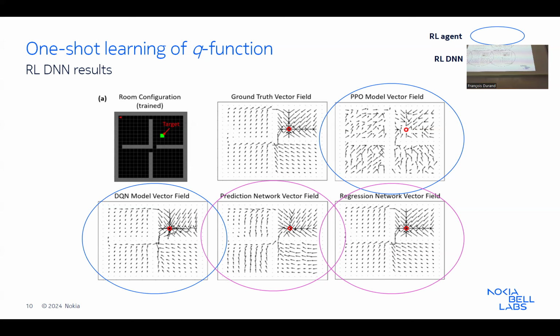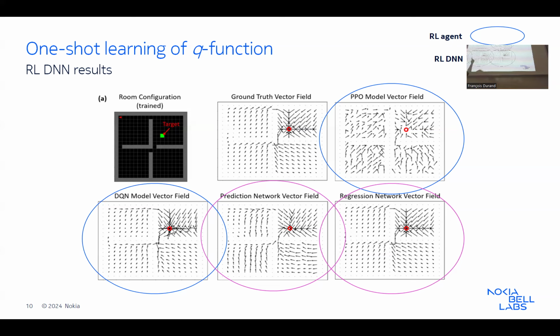We took a number of different environments, and we trained it with the correct Q values for all of these. And as you can see, this one-shot neural network worked really well. It more or less got exactly the ground truth, whereas especially the PPO algorithm gave quite a messy vector field.